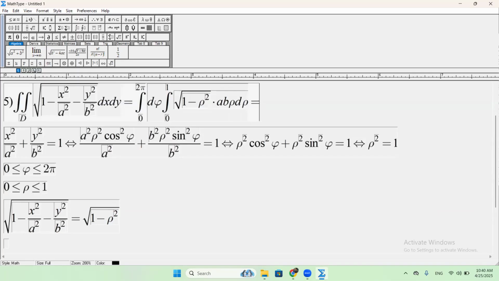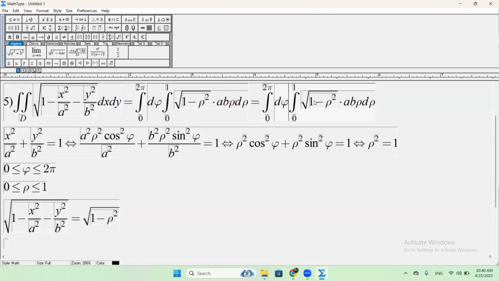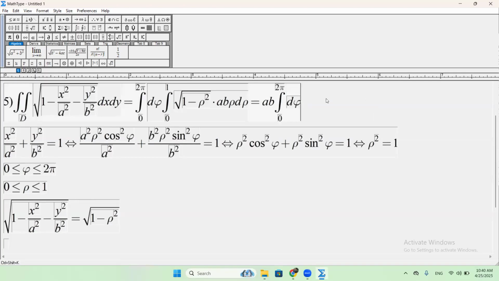Let's simplify this integral again. First of all, let's move constants out of the integral, and also split the integral into a product of independent integrals, because we can do it in this task.